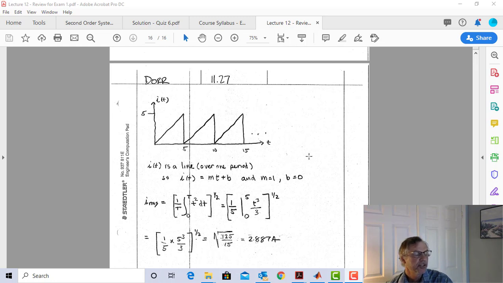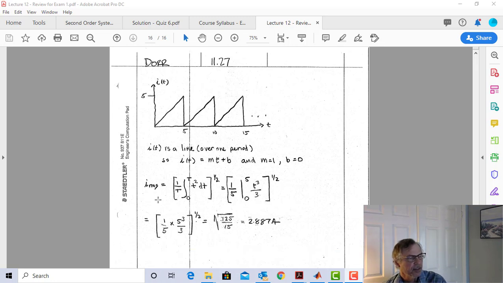So we're going to use our RMS formula here, and say that IRMS is the root of the mean square of the waveform. And so to get our mean square, we have 1 over T times this integral. This gives us the mean square.